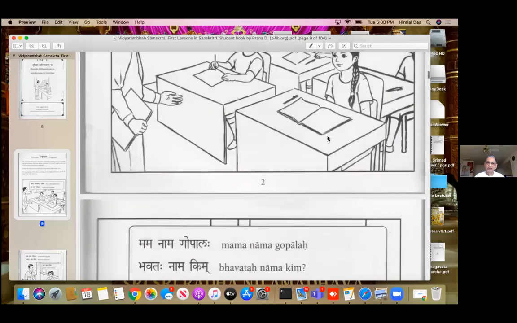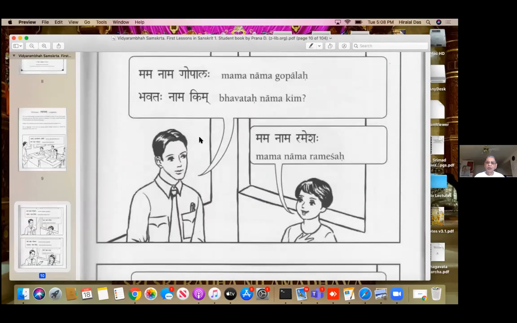Then he is introducing himself again and asking the name of this boy. He says, mama nama Gopalaha, my name is Gopal, and he uses bhavataha nam kim. Bhavataha we use for a boy or a masculine name, and it means your.